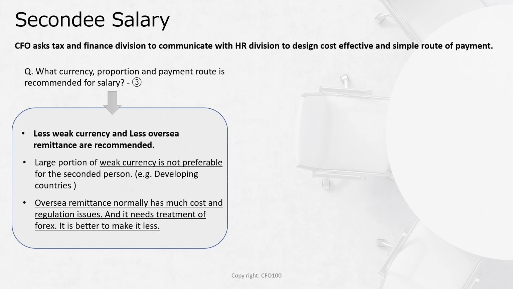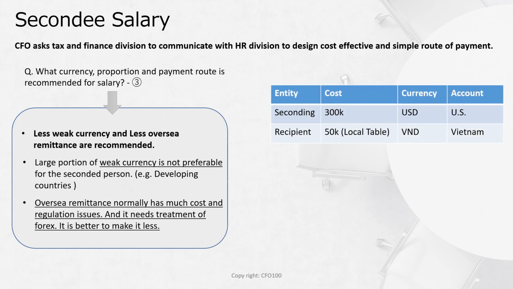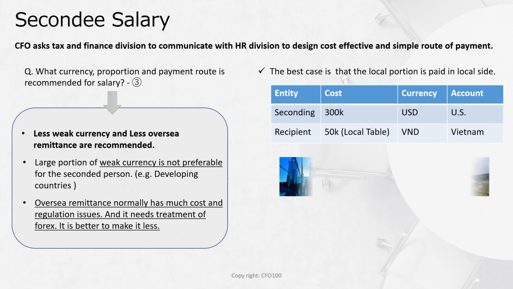You can see the table on the right side according to that concept. In this case, there are two entities, the seconding entity and the recipient entity. The best case is that the local portion is paid on the local side. It is simple and feasible for operation.